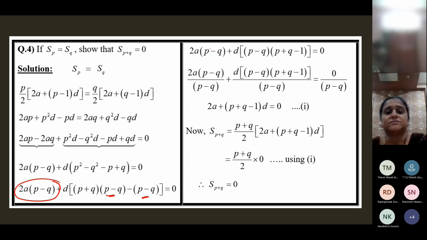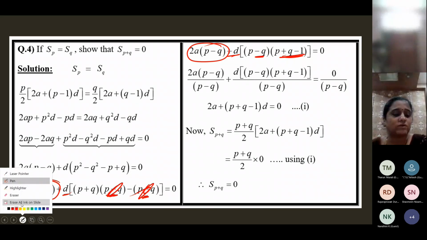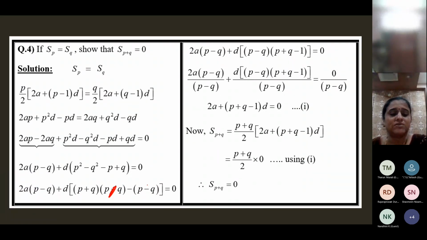So d, p minus q is common. You will get p plus q minus 1 in the bracket. p minus q is common, bring it out. So in the bracket you will have p plus q minus 1, is equal to 0.